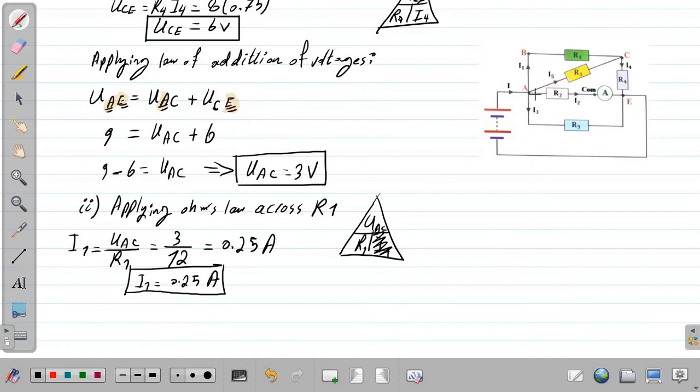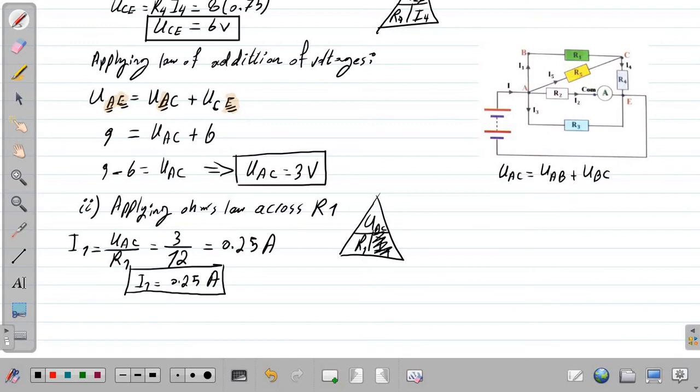فينا بسهولة نقول انه R1, the voltage across R1 is UAC. UAC هو حتى نقول ليش أخذنا ال UAC. UAC is equal to UAB plus UBC.